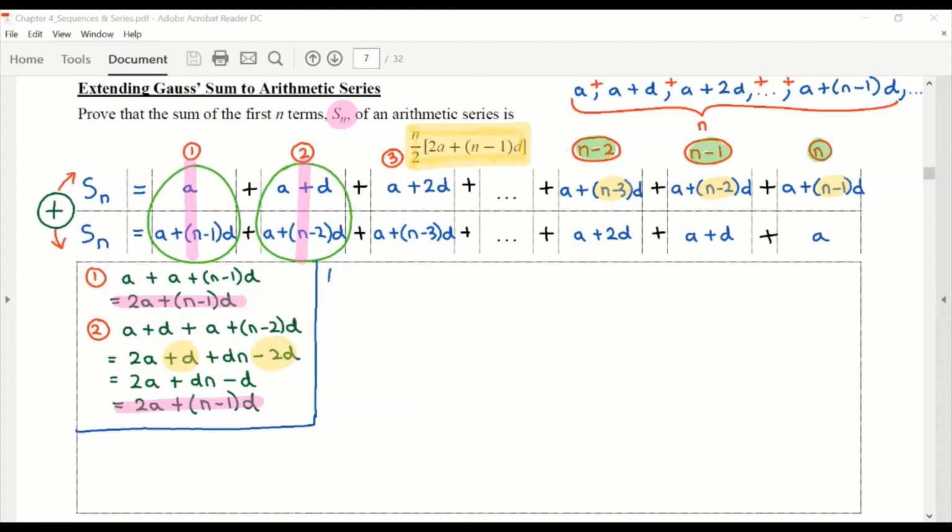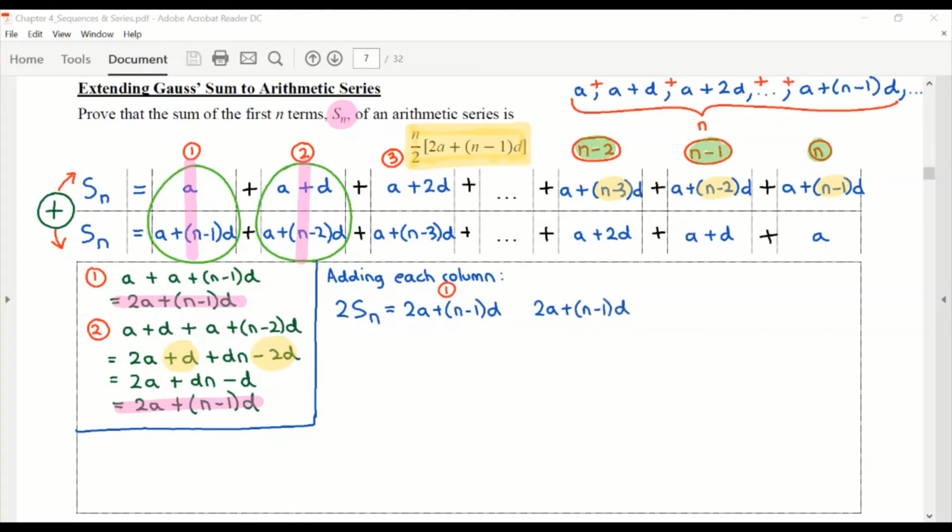So adding each column, on the right-hand side, we will get 2sn, and then in position 1, we've already established we will get 2a added to n subtract 1d. So that's for position 1. Position 2, we will get 2a added to n subtract 1d.